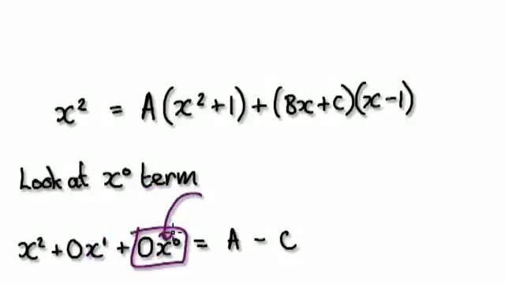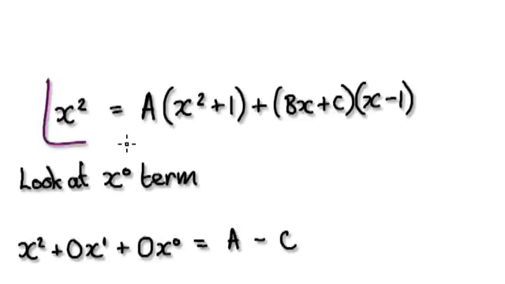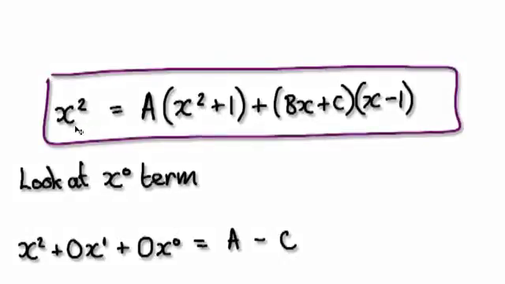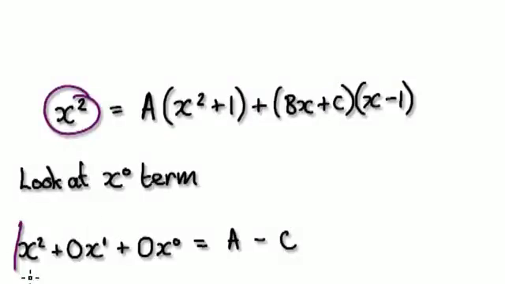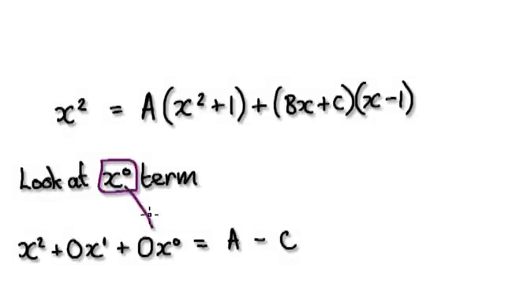Looking at it in terms of a constant is a lot easier. Hang on, let's start again. We are currently here, and we can imagine this as this whole thing. Now we're going to look at it in terms of the constant. The constant on the left hand side is 0, but we are going to look at it in terms of x to the power of 0.